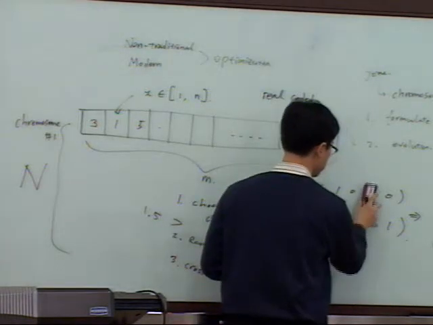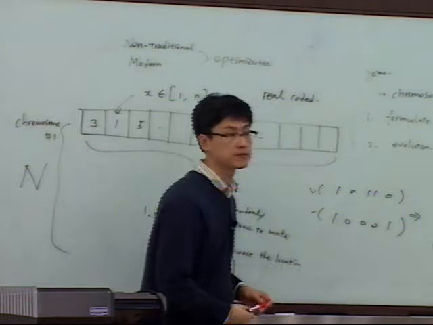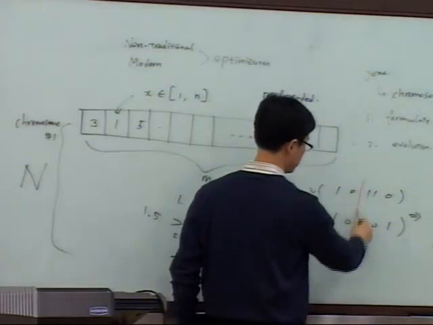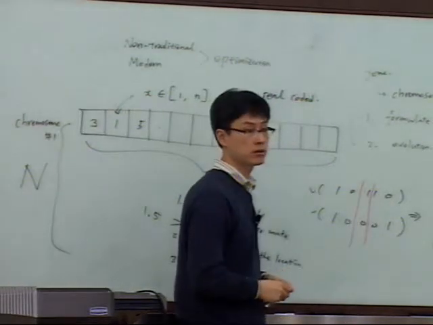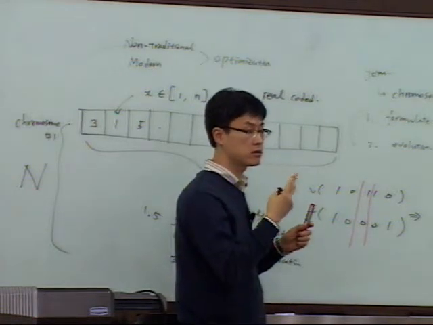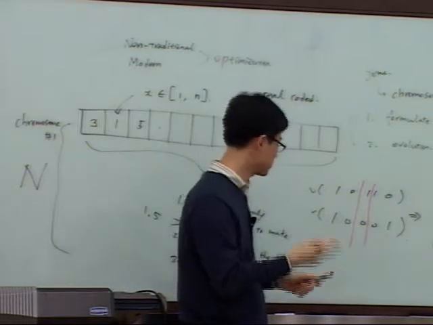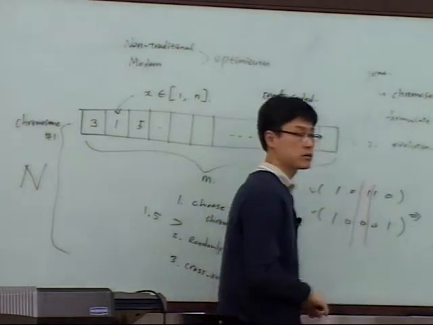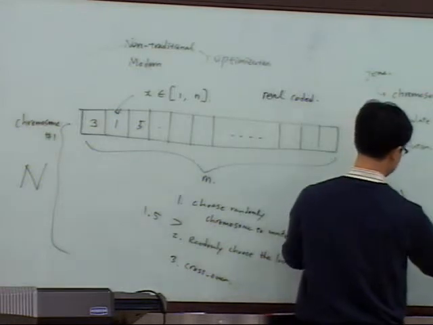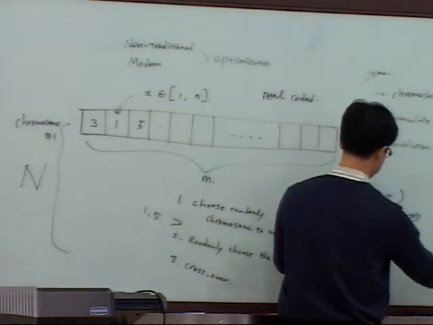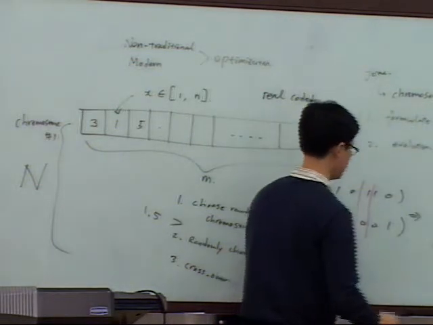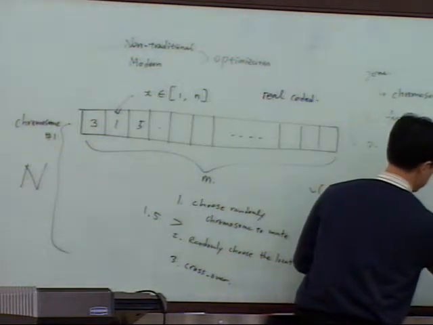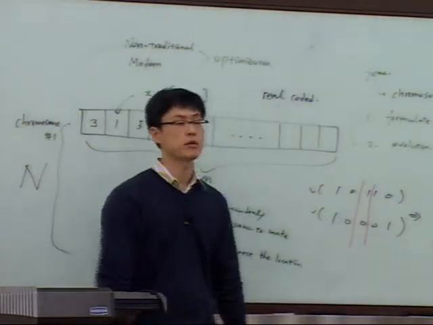So if I select 2 crossover points and randomly choose the 2 different locations, for example, if I choose here and here, the number of crossover points and the crossover points are also randomly chosen, then my crossover operator's result is 1, 0, 1, 0, 0, 1, 0, 1, 0, 1, 1, 0, 1. So this thing can be possible.